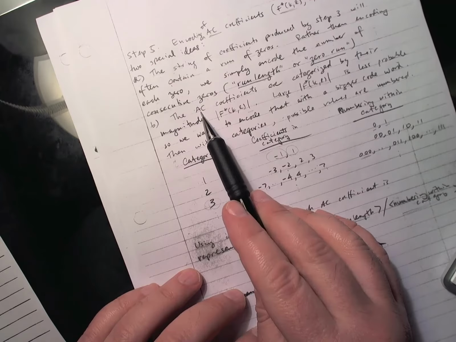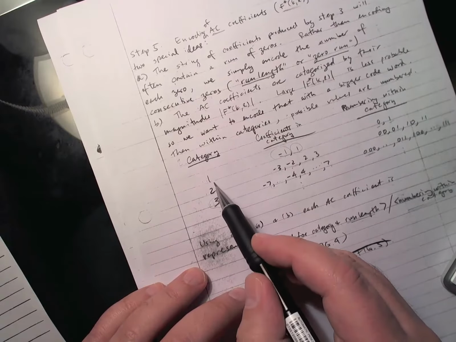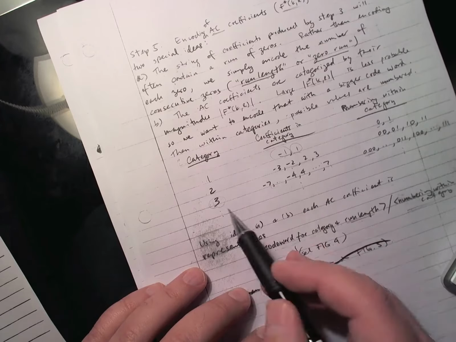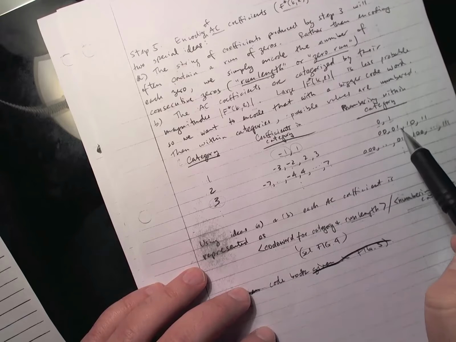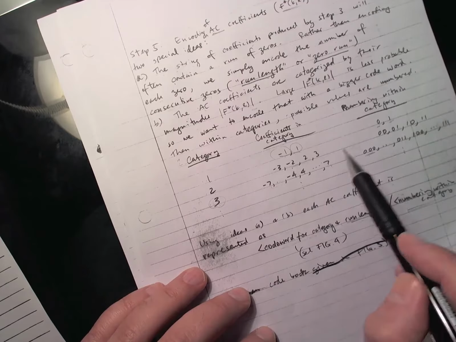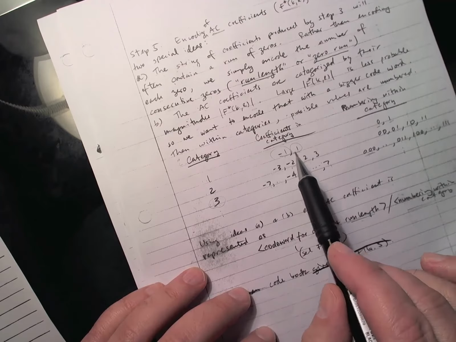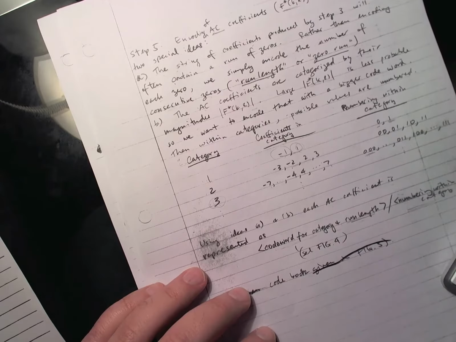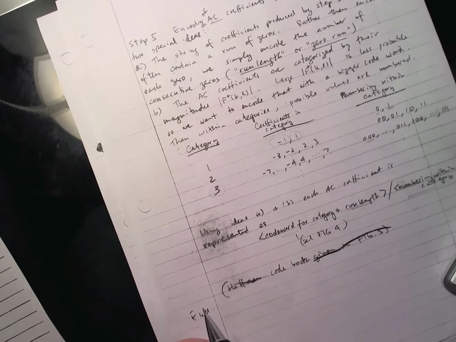So the AC coefficients are categorized in JPEG. Category 1 means small, 2 means a little bigger, 3 is still bigger, and so on. And then just plain old binary counting is used to say which one in the category it is. So in category 1, the number 1 has the number 1 to describe its place in this list.